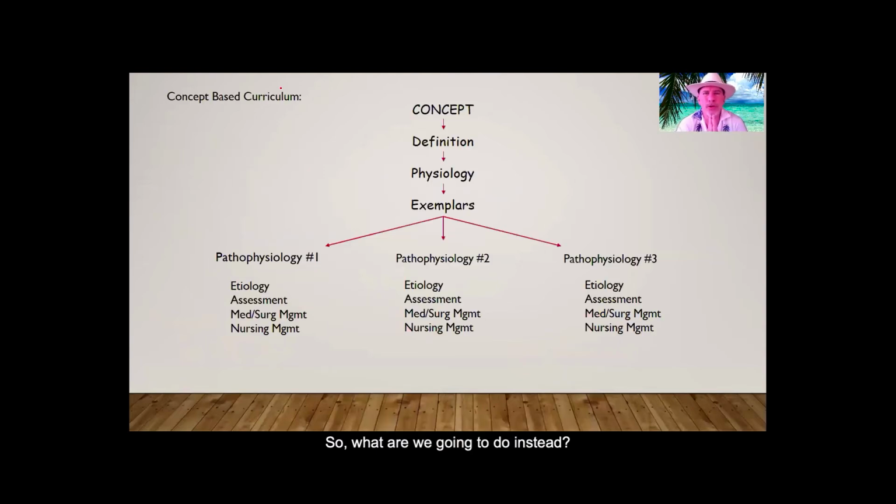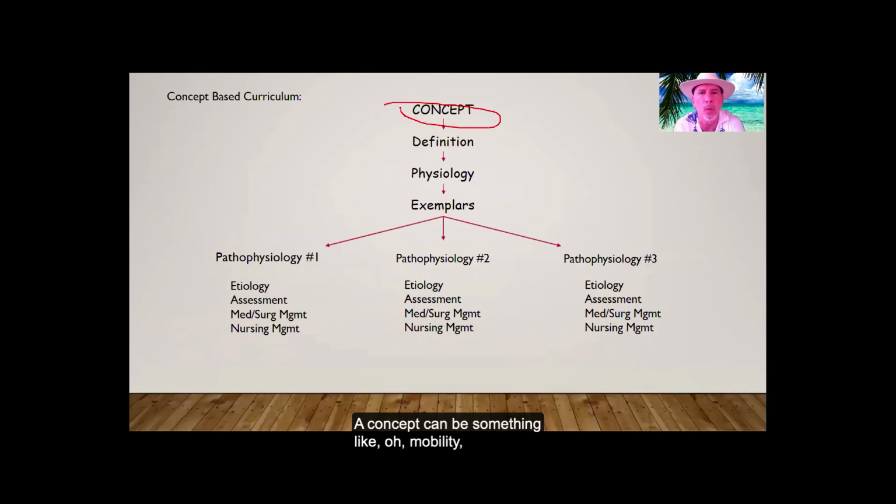So what are we going to do instead? The nursing model now for concept-based nursing is to start with a concept. A concept can be something like mobility, infection, inflammation, psychosocial issues, adapting to activities of daily living. This is what we do.